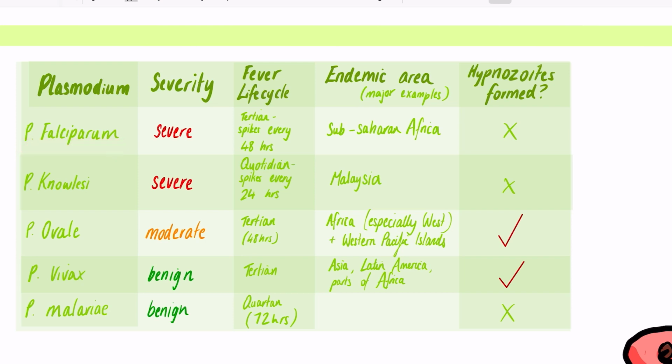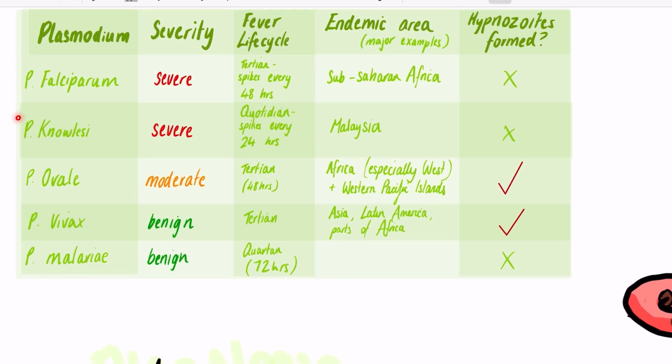Plasmodium falciparum is the most severe form of malaria. If you get falciparum, you're either cured or you die. You don't just have it, it doesn't just exist at a low level in you. It's pretty bad. Plasmodium falciparum is found mostly in sub-Saharan Africa.